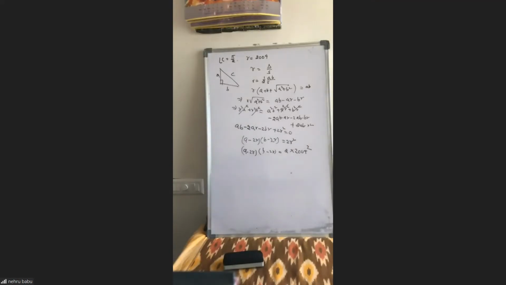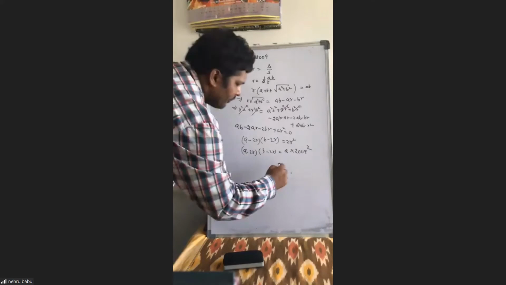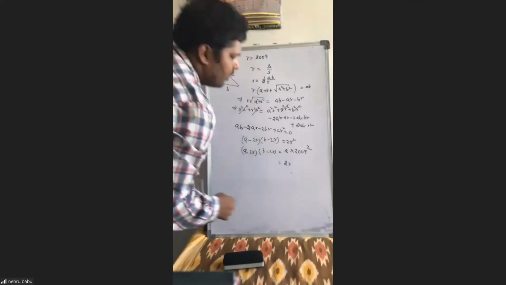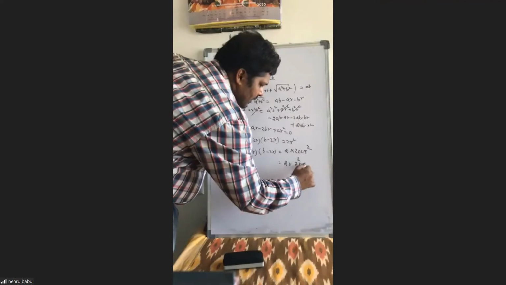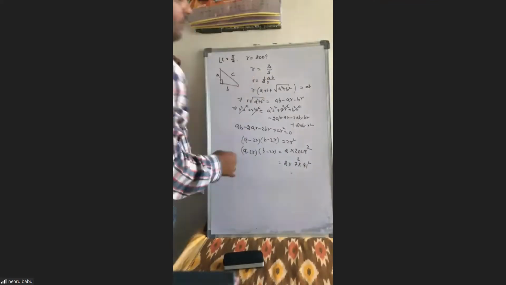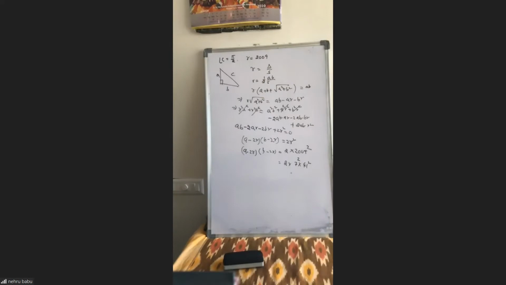2009 is a prime number. No, sir, it is divisible by 7. Divisible by 7 is correct. Can you say the factorization? 2 into 7 square into 41. 7 square into 41 is not coming correct again.